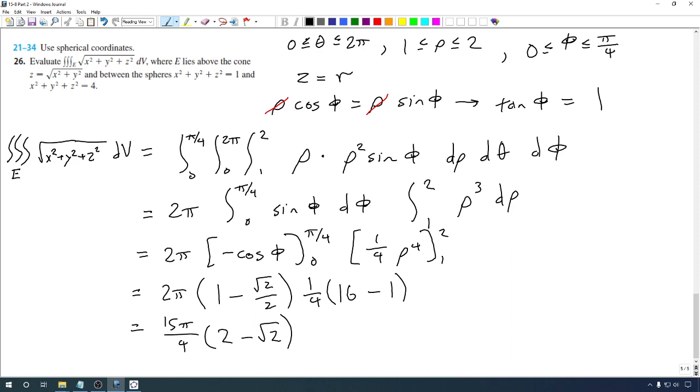So hopefully from this you've gotten a good idea of how we actually set these problems up. Again, we're not going to really look at any examples where we're not going to have just constant values for our limits for rho, though that is a possibility. If you want, you can take a look at some of the other problems in this section.